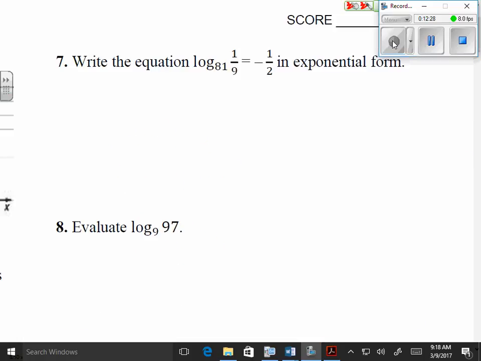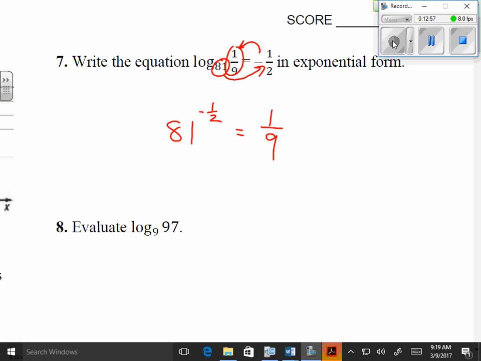Number 7, we're only asked to write this in exponential form. So this is logarithmic form. This is our base. This is our exponent, -1/2. And the question now becomes the answer. And that's all you have to do. Now, is this true?